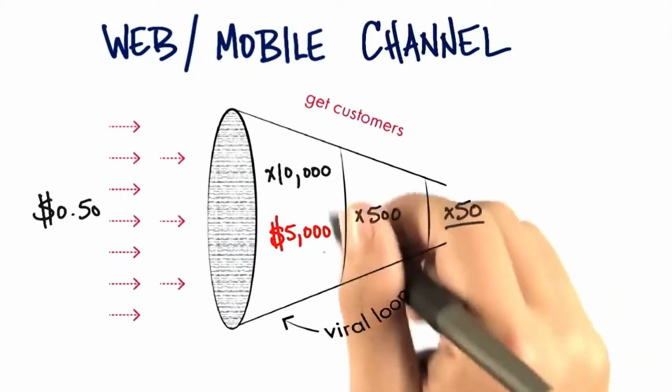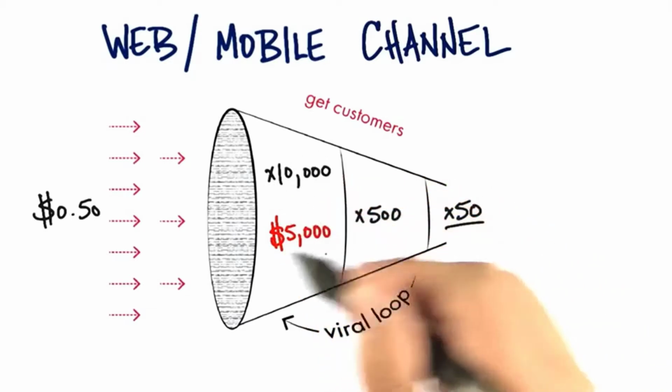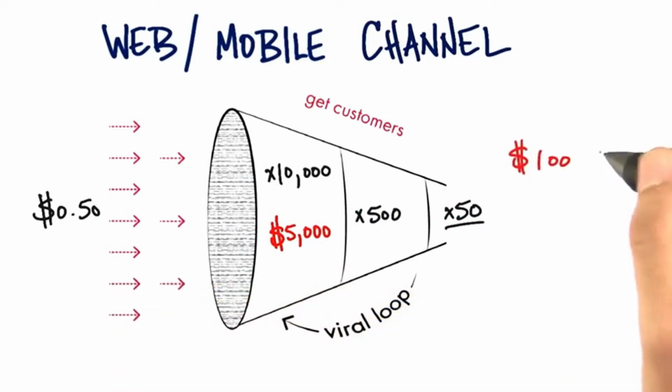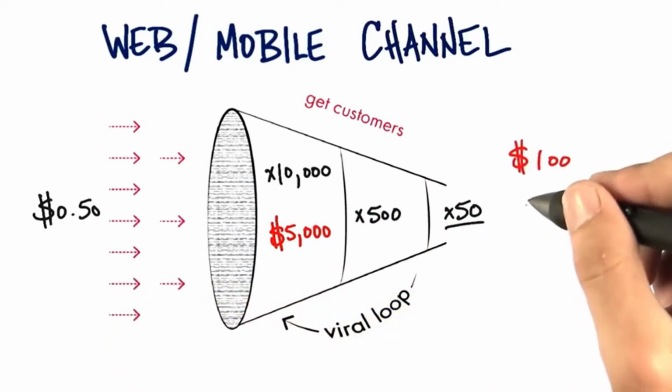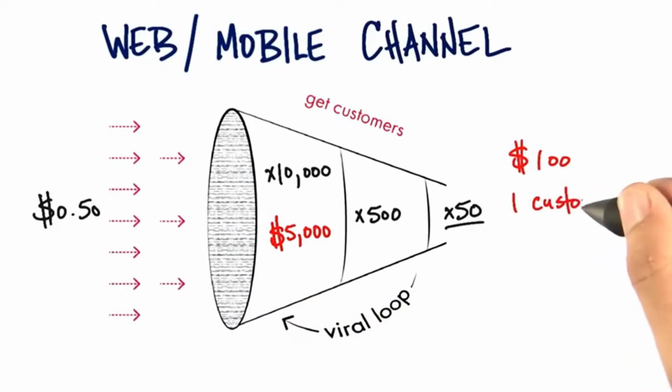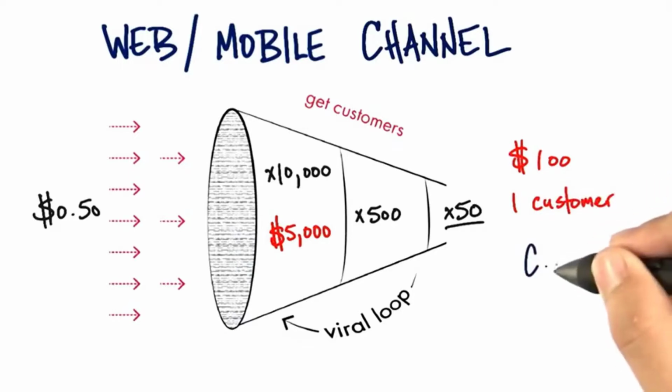So while 10,000 people look great for $5,000 because it only cost me 50 cents per person, if we now do the math, we can see it cost me $100 to acquire one paying customer. That $100 equals my customer acquisition cost.